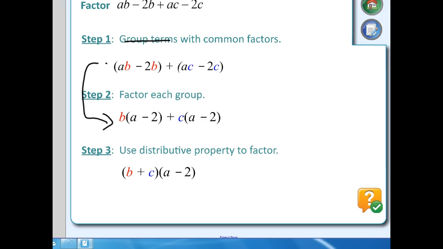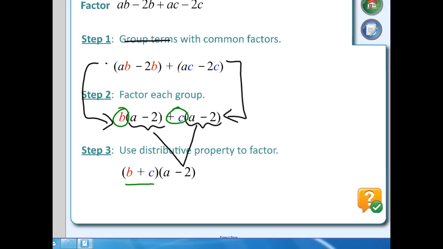I factored out the common factor in the back half, which was C, and now guess what? I have my common factor again. What's in parentheses is the same, so it funnels down together, and then what's left outside comes together to form the second binomial.